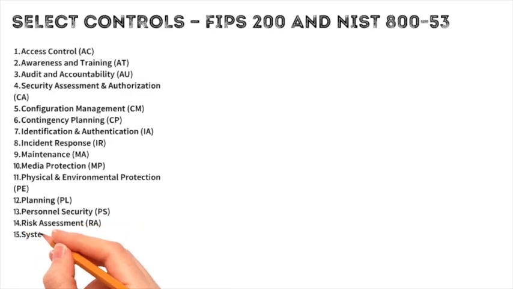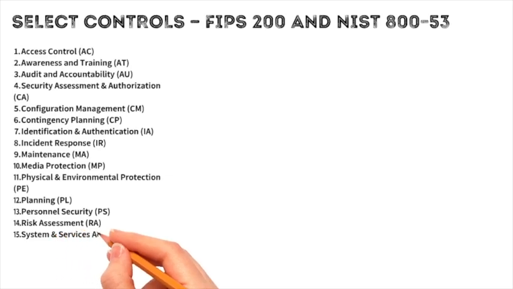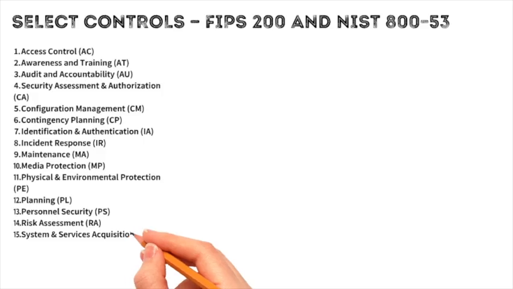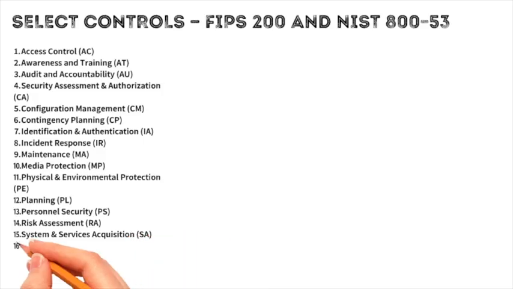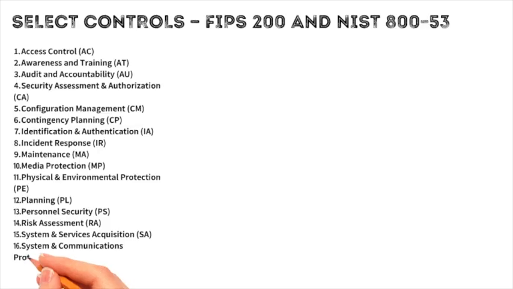System and services acquisition ensures all procured or developed systems are secure by design. System and communications protection secures communication channels, uses encryption, and protects data in transit. System and information integrity detects and corrects unauthorized changes, malware, or data corruption.